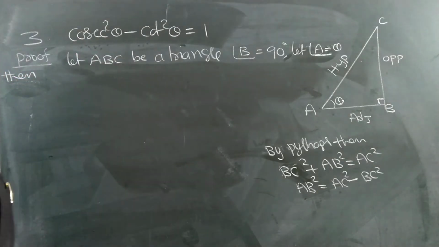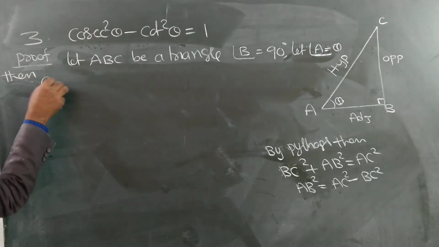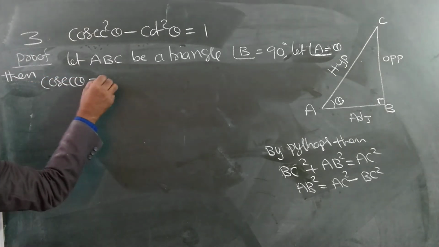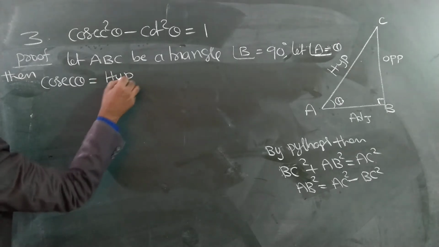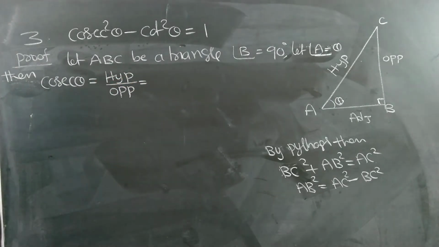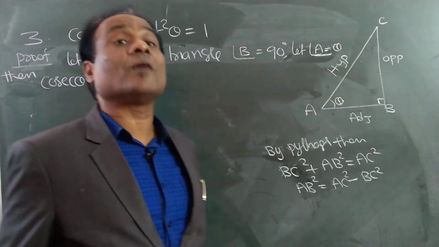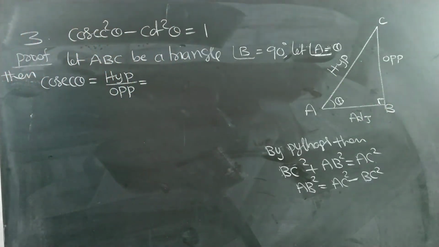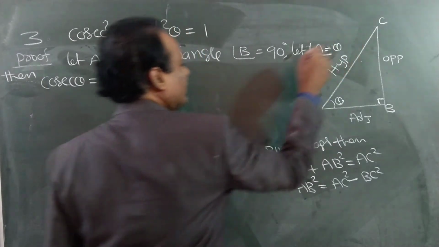Cosecant theta definition: hypotenuse by opposite. What is the hypotenuse? AC.